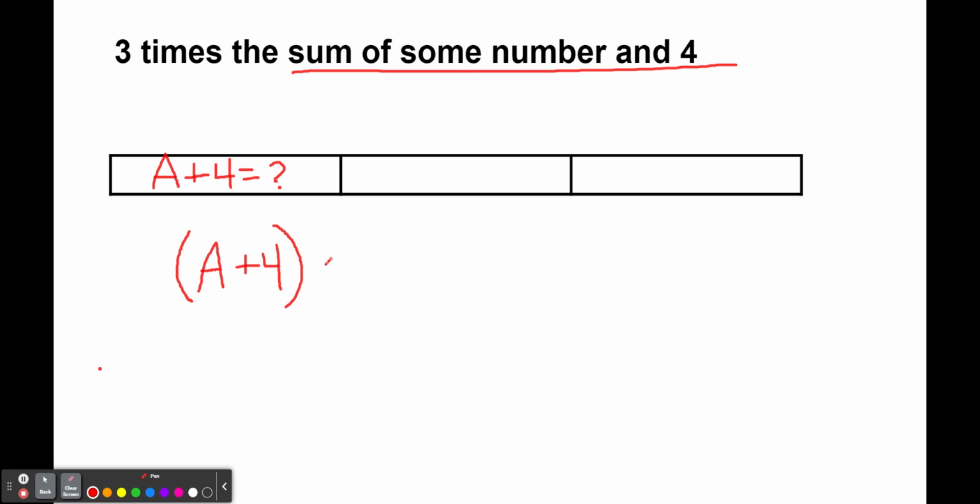And I'm going to do that 3 times, which is going to give me a multiplication sentence. I could also write this as I have 3 groups of some number plus 4. So whatever my answer is to A plus 4, I'm going to multiply that by 3.